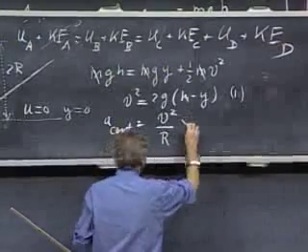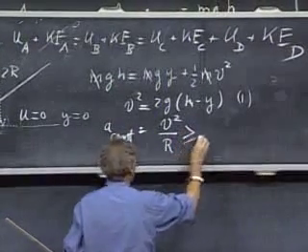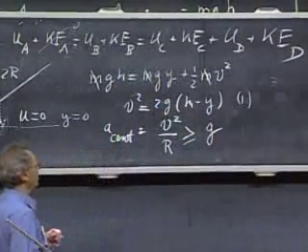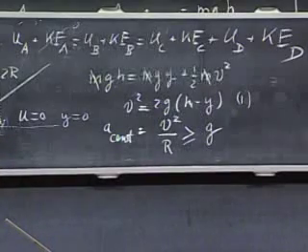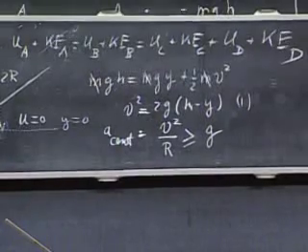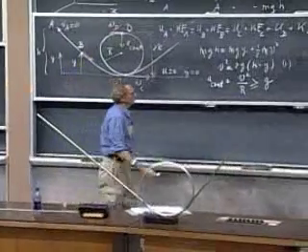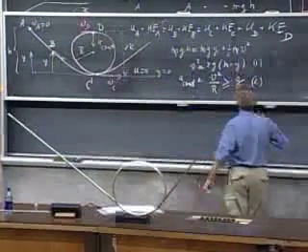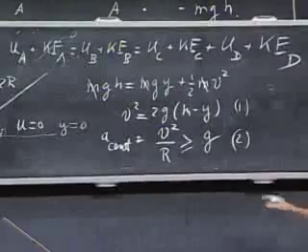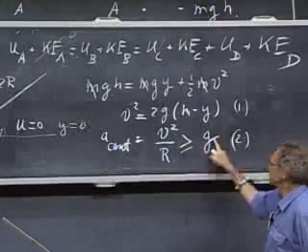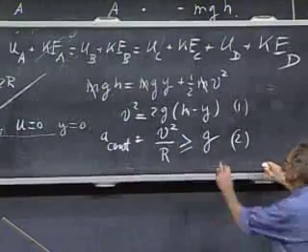And this must be larger or equal to the gravitational acceleration g. If it is not larger, the bucket of water would not have made it to that point D. So this is my second equation that I'm going to use. So look very carefully. v squared must be larger or equal to gr.